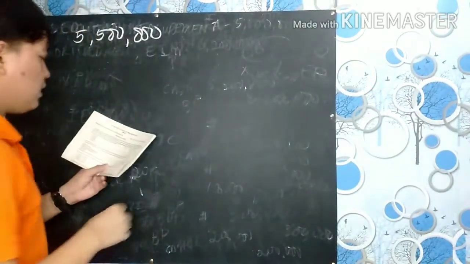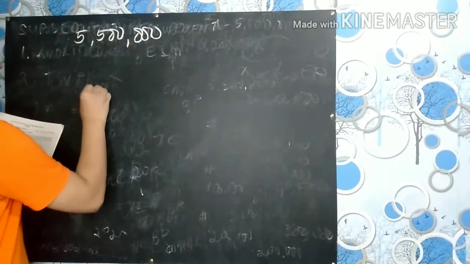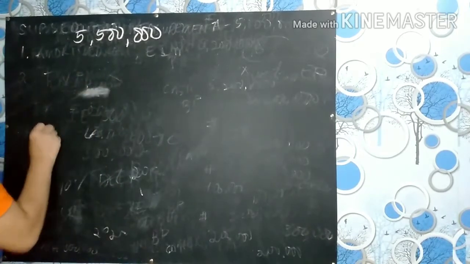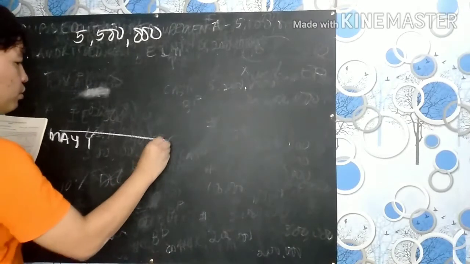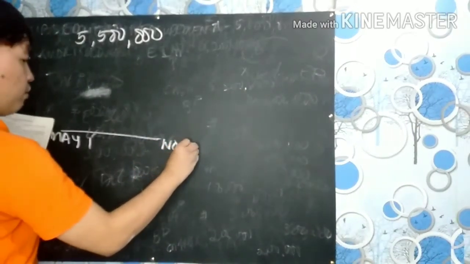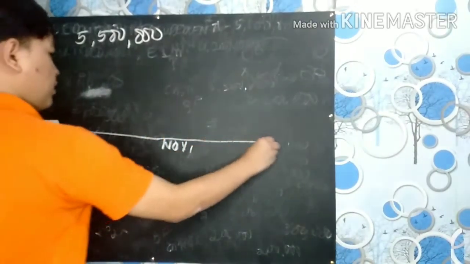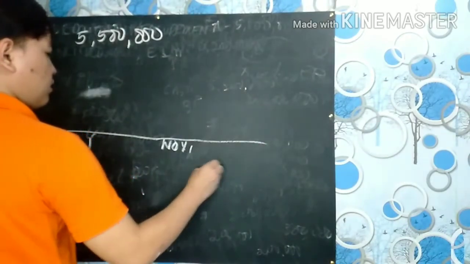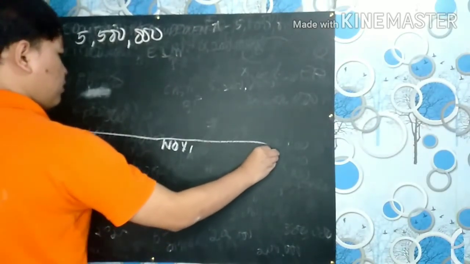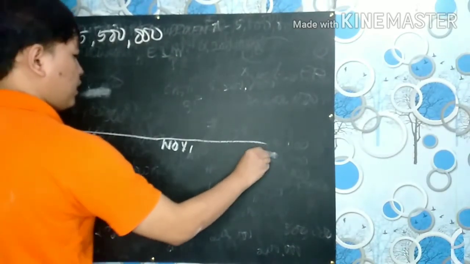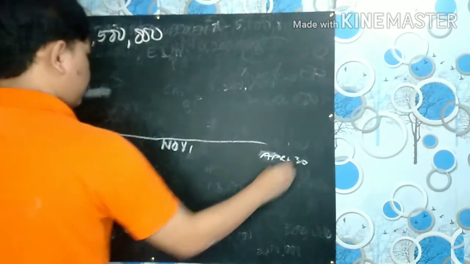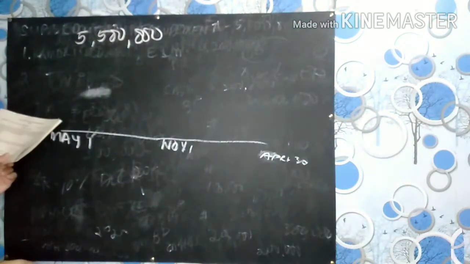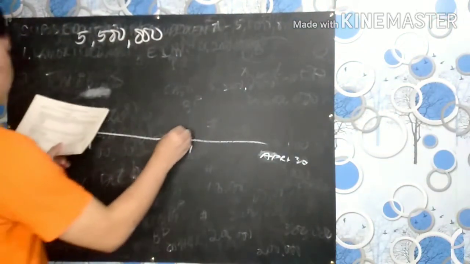Sabi ko kanina, di ba, between interest date, May 1 to November 1. Of course, hanggang April 30. So, saan siya mas malapit? Of course, dito sa November.